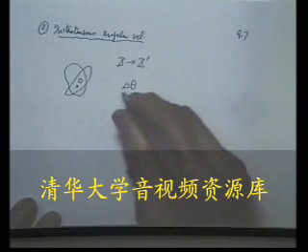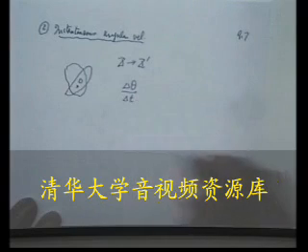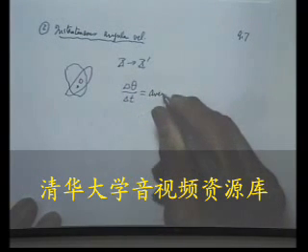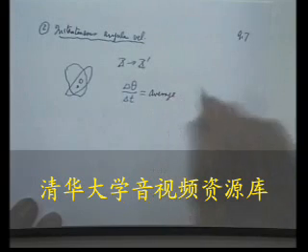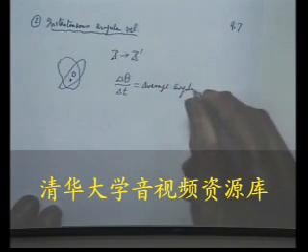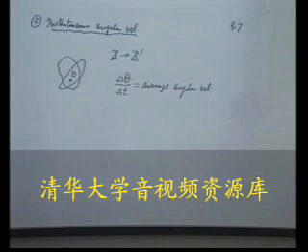If that motion goes through a time delta t, that is equal to the average angular velocity. Just like a linear velocity.